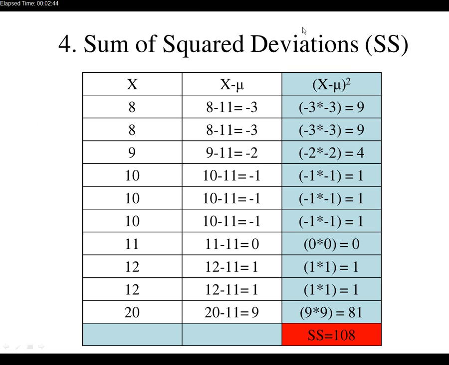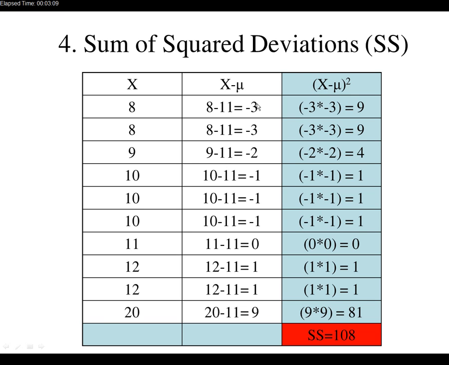Okay, let's do the sum of squared deviations. And so here's what we do. Here's the x scores. We take x minus the mean. What's the mean? 11. So we deduct 11 from each one of the scores, and we get negative 3, negative 3, negative 2, negative 1, negative 1, negative 1, 0, 1, 1, and 9. And then what's next? We square them.